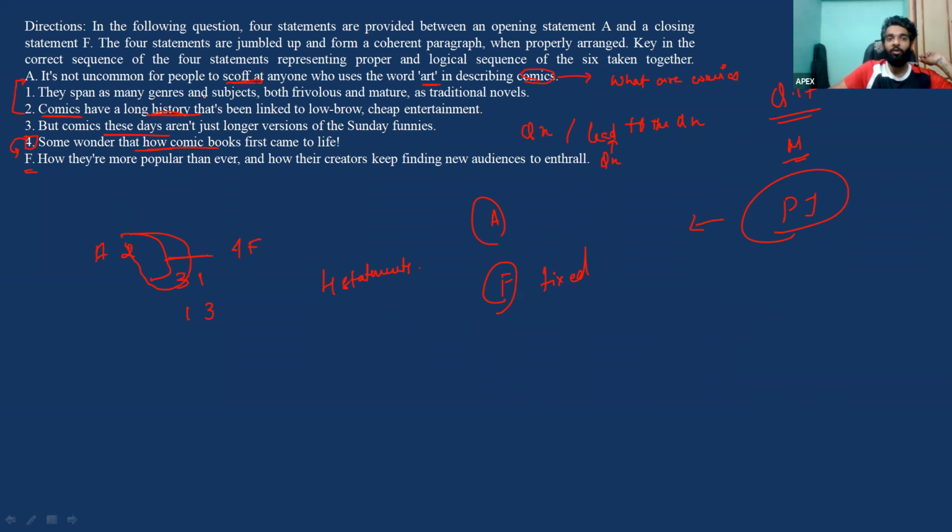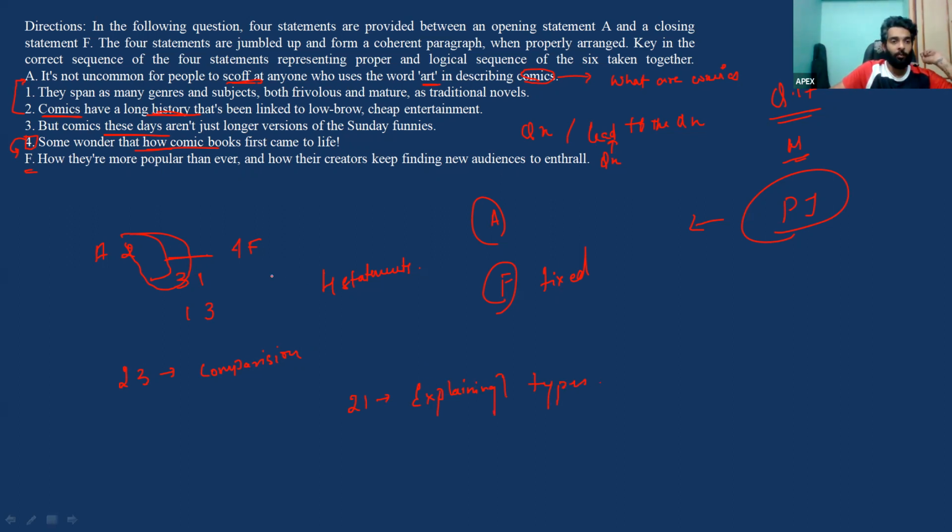They span as many genres and subjects, both frivolous and mature, as traditional novels. Okay. Now, if I'm taking 2-3, it's making a comparison. Yes, when I'm taking 2-1, it is explaining further about types of comics.